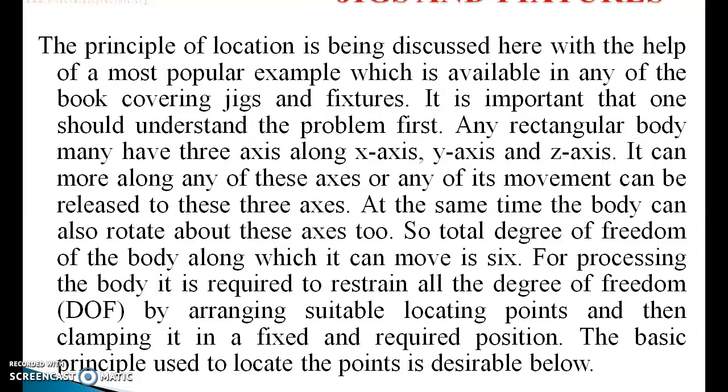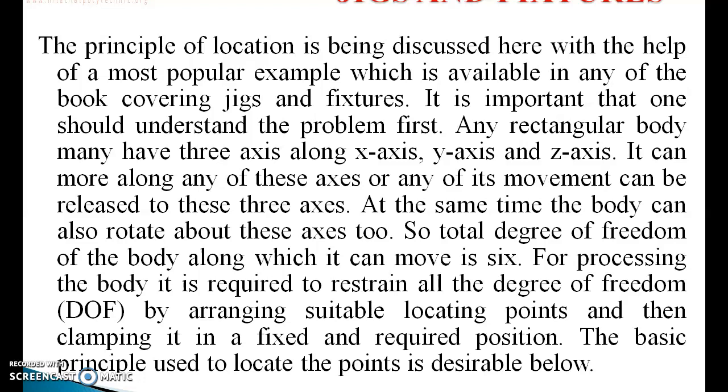This principle of location is discussed here with the help of the most popular example, which is available in any book covering jigs and fixtures. It is important that one should understand the problem first. Any rectangular body may have three axes: the x-axis, y-axis and z-axis.